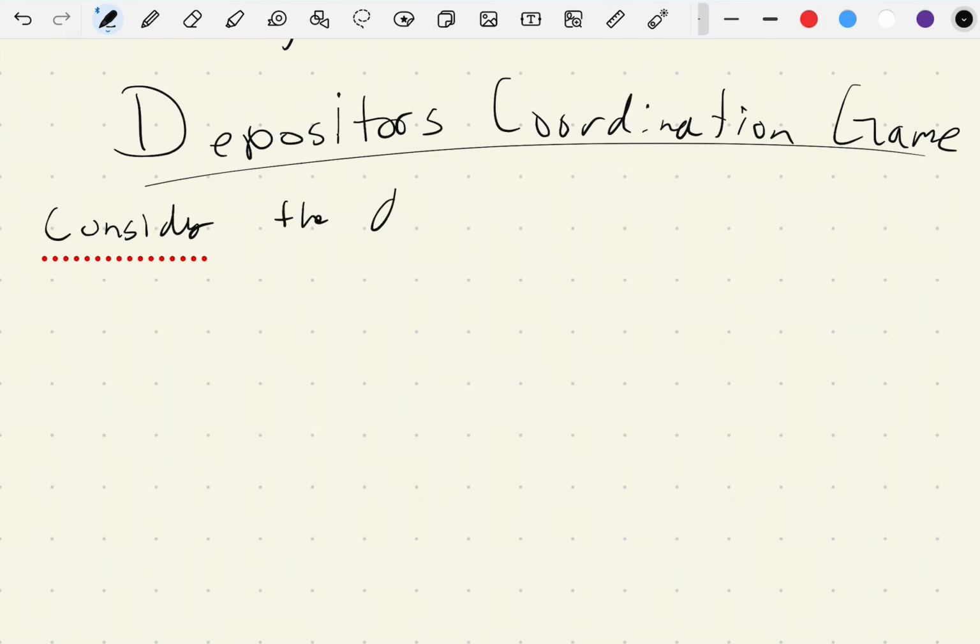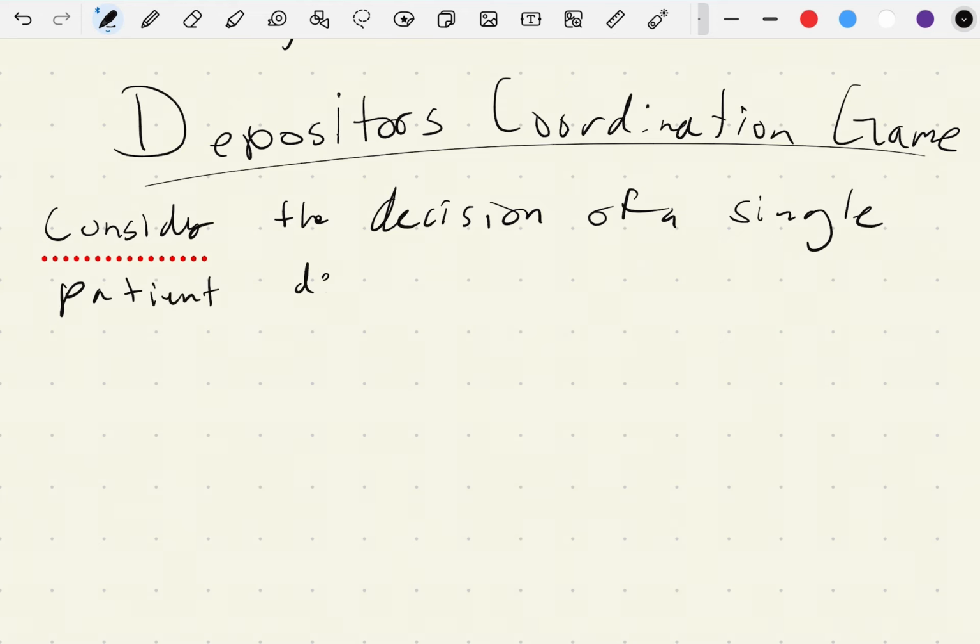And let's consider the decision of a single patient depositor at t equals 1 in our 3-period economy.